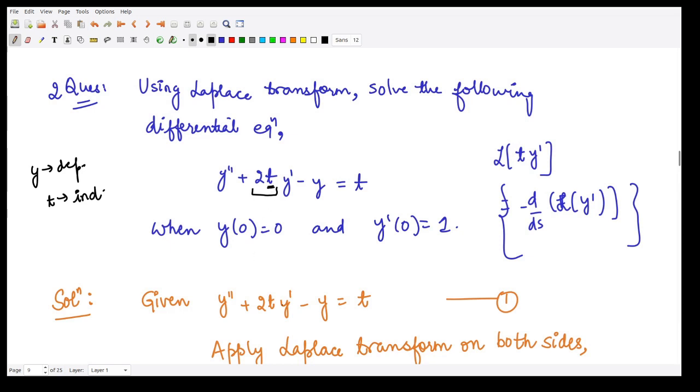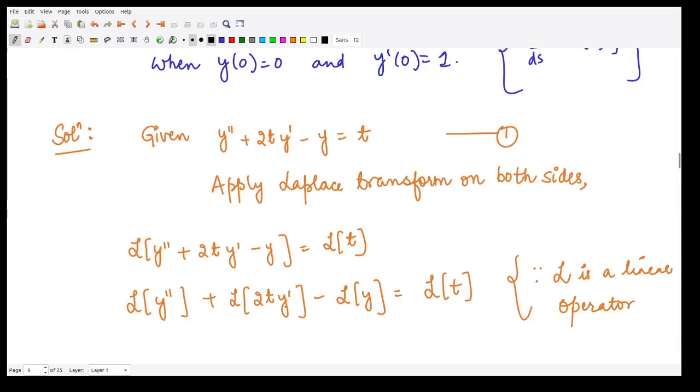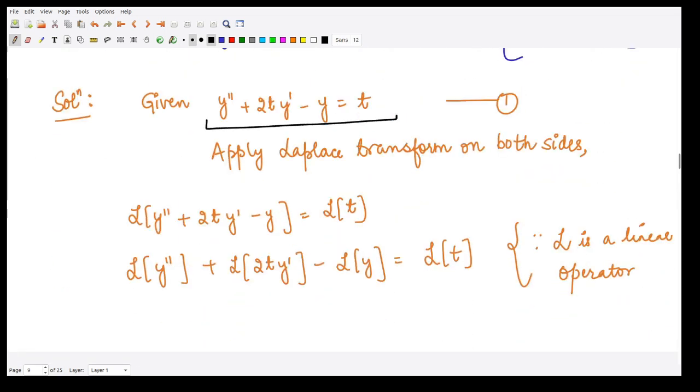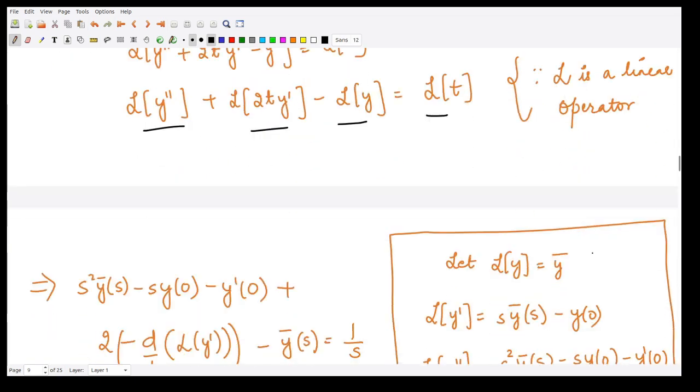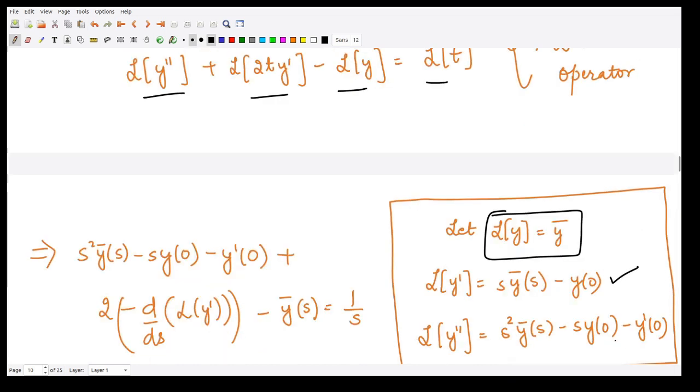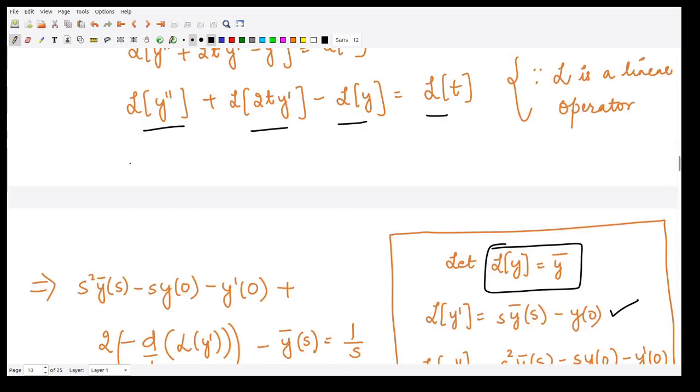So when you take the Laplace transform of this equation on both sides, basically we are taking the Laplace transform of the individual terms because this is a linear operator, and then we know if you define the Laplace transform of y to be y bar, its first derivative is given by this expression, this you already know, and the second derivative is given by this expression, so we can substitute these quantities in place of the functions.